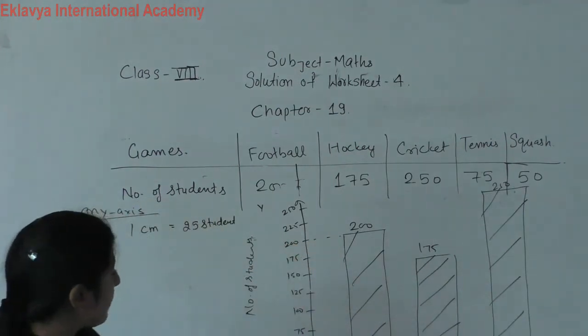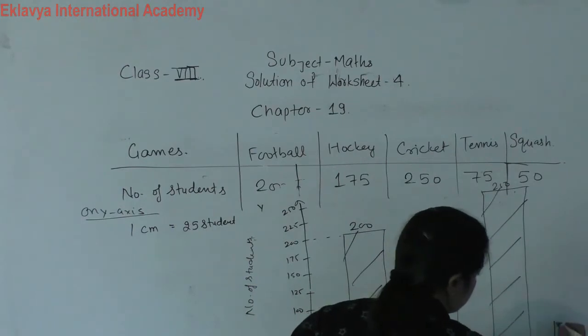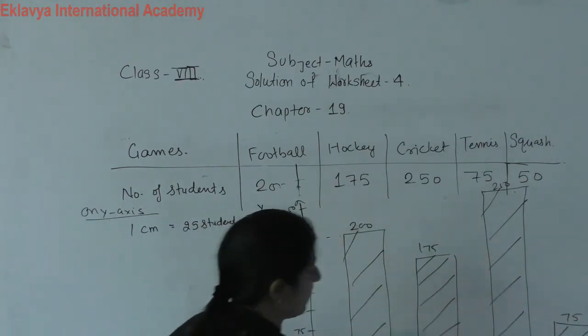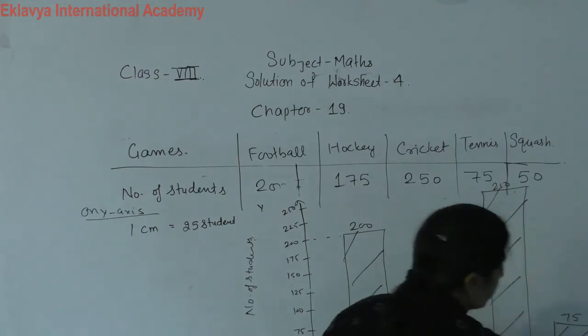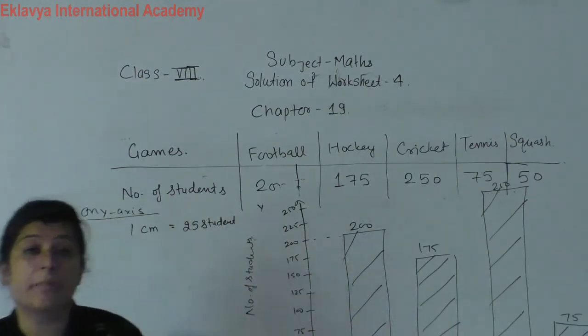Next, tennis is 75. 75 is here. Squash 50. 50 is here. So this way we will represent the bar graph.